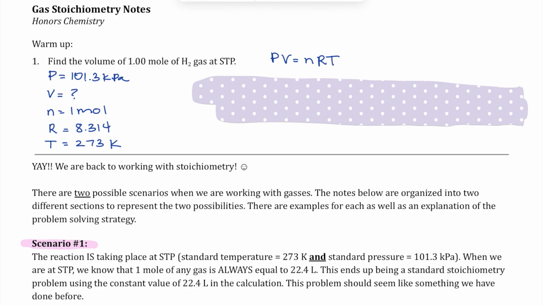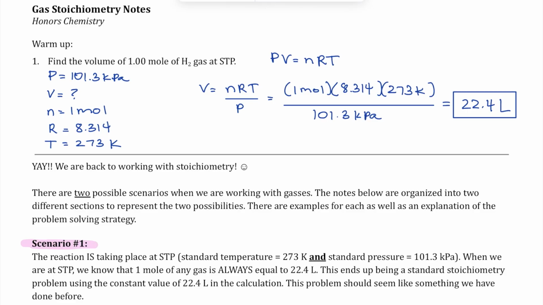When you go and plug that in, I get volume is going to equal nRT divided by P. I plugged in all my values, and I got out 22.4 liters. And so this is one relationship that we are going to be looking at as we start to look at gas stoichiometry.